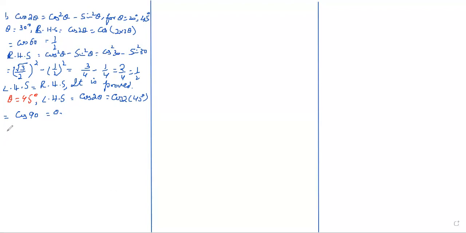Now take the right hand side. For the right hand side, we have cosine square theta minus sine square theta, which is cosine 45 square minus sine 45 square, which equals 1 over root 2 squared minus 1 over root 2 squared, which equals 1 by 2 minus half, which equals 0, which equals the left hand side.